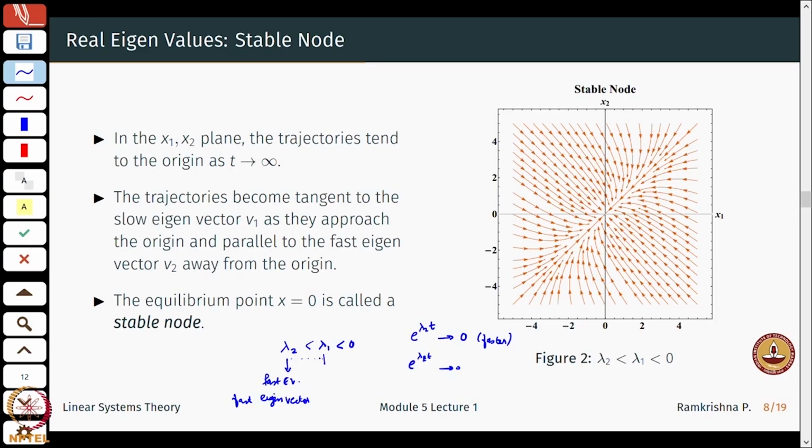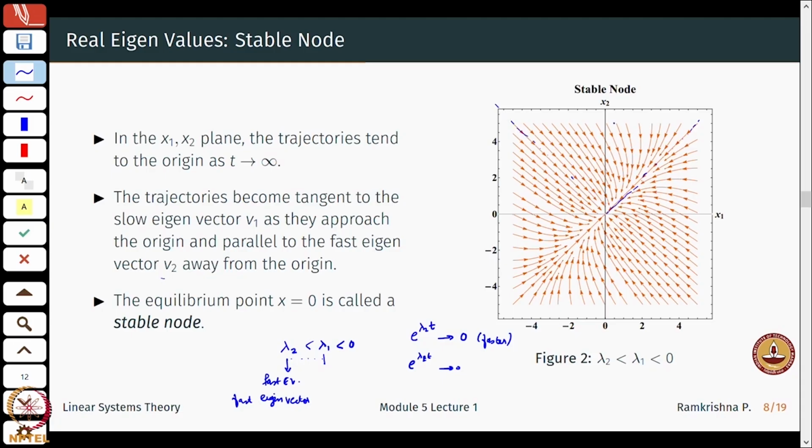As time increases, the trajectories become tangent to the slow eigenvector V1 as they approach the origin, and parallel to the fast eigenvector away from the origin. You can see roughly here that the slow eigenvector should be somewhere around here, and the fast eigenvector somewhere around here.